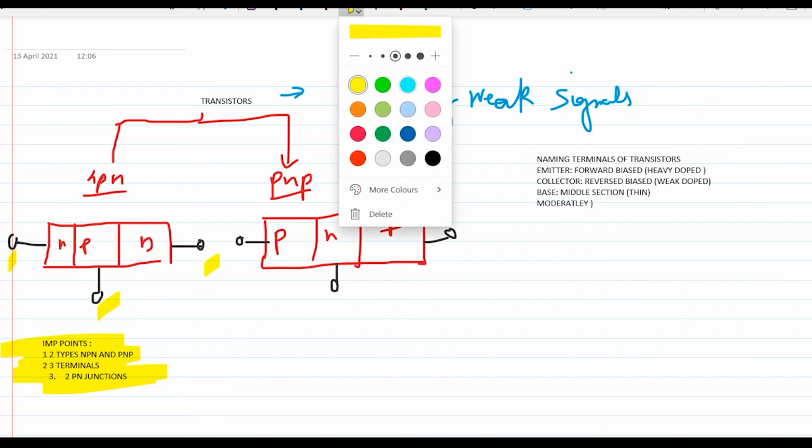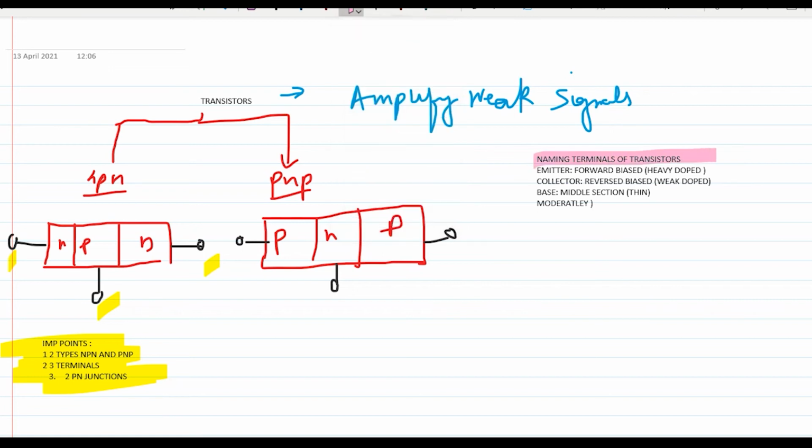I will highlight this: this is the emitter.